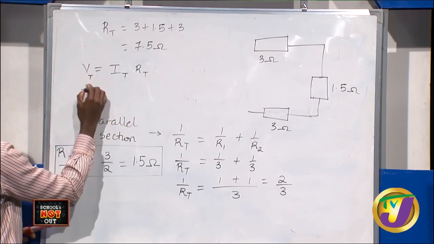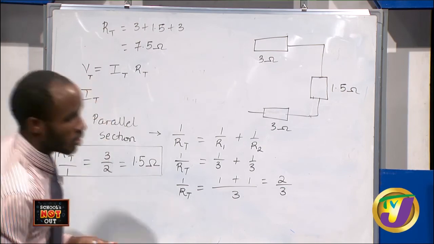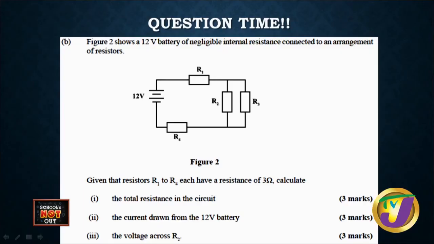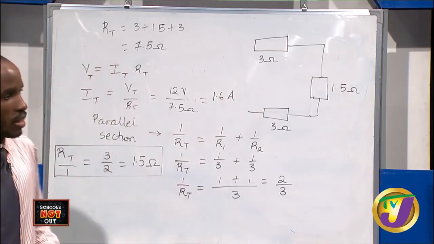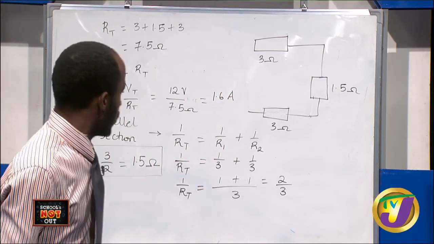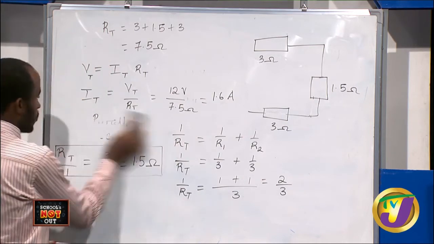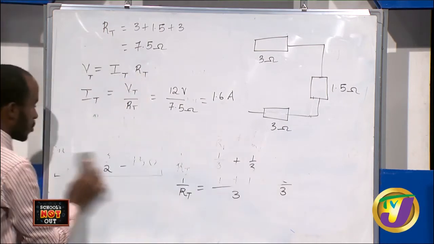So we just need the current, which is what they asked for, current drawn from the 12 volt. So that's equal to voltage over resistance, which is of course 12 volts over 7.5 ohms, and that gives an answer of 1.6 amperes. So that's another 3 marks in the bag for a really, in my estimation, simple workout.